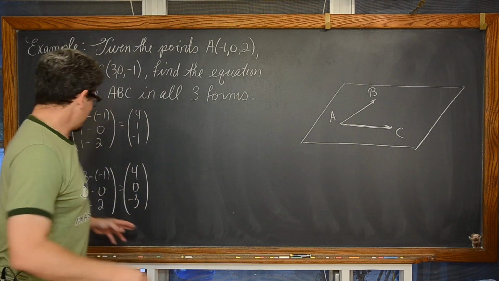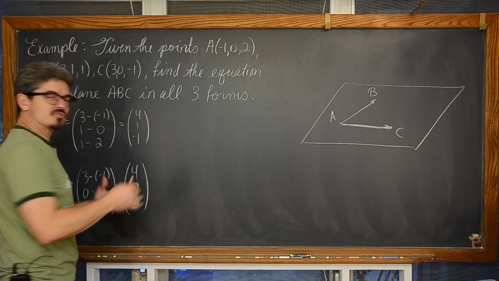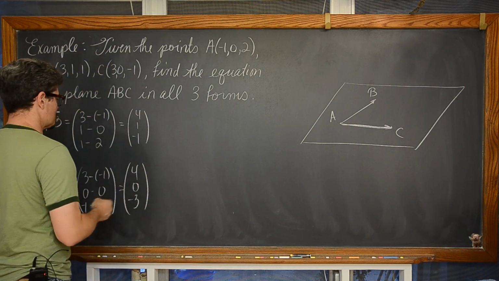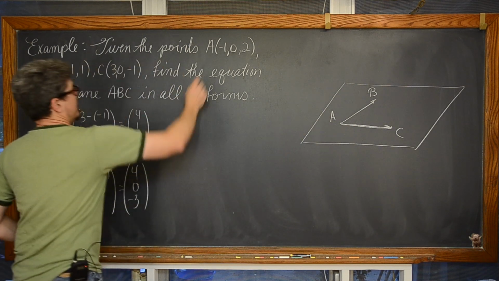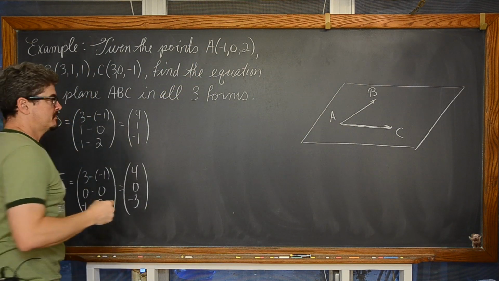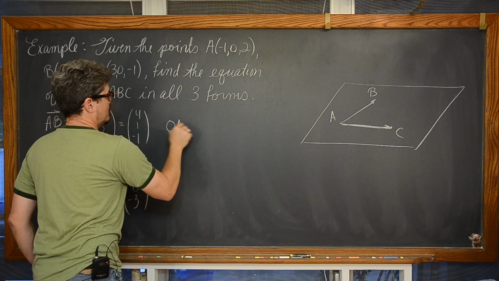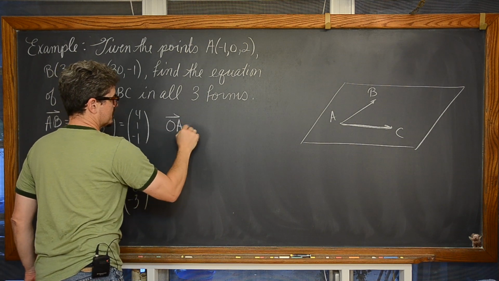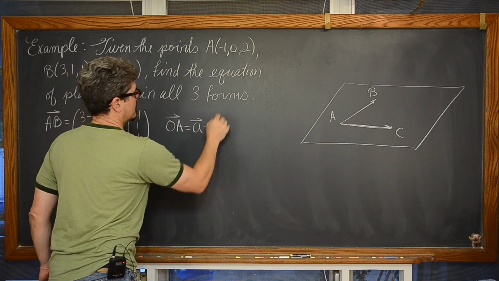So we're going to let our initial point be vector A. So we're going to describe coordinate A with a position vector OA, or as my notes called it, lowercase vector a.